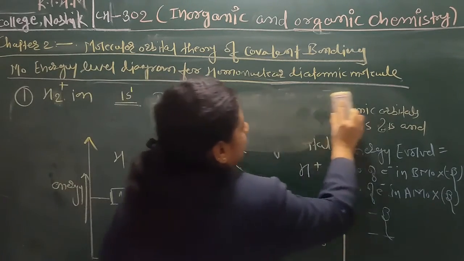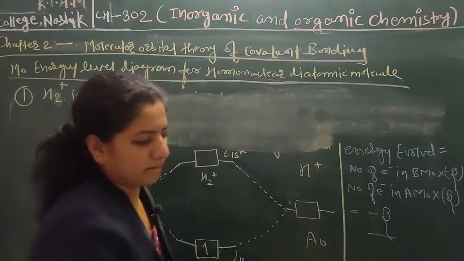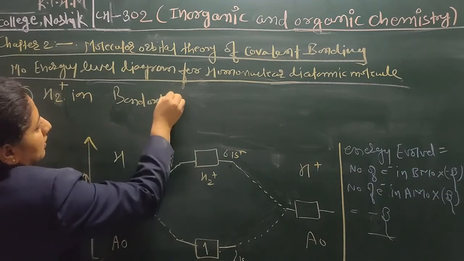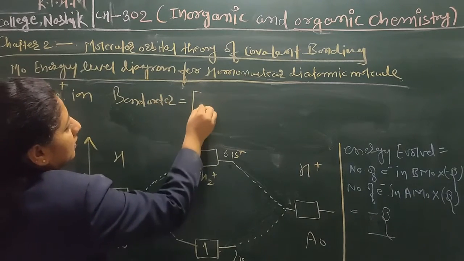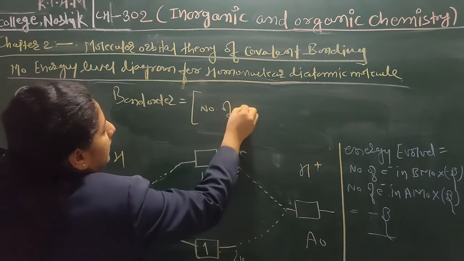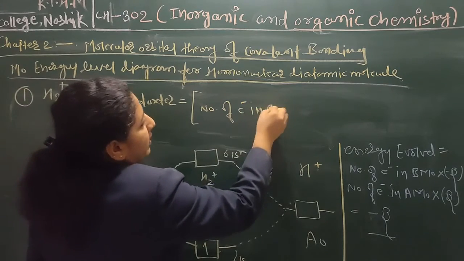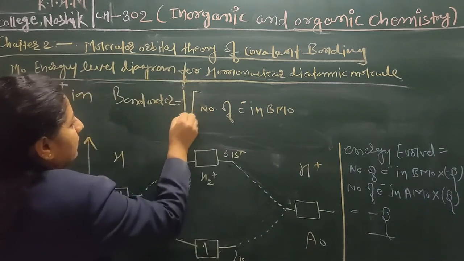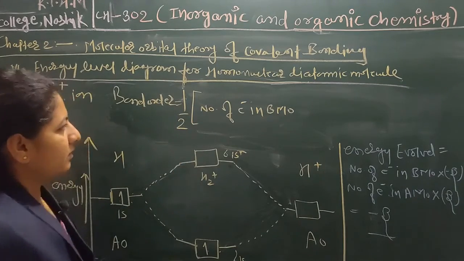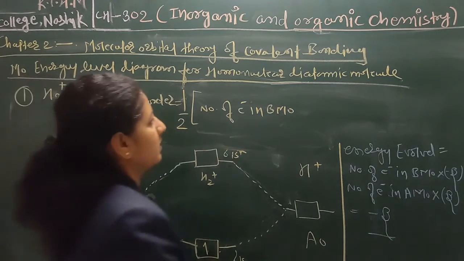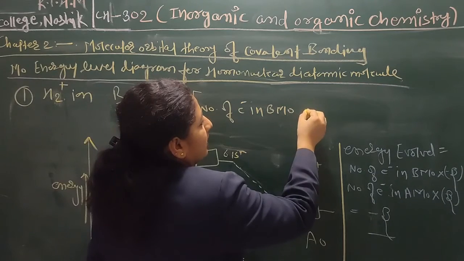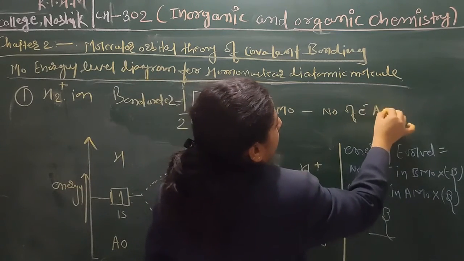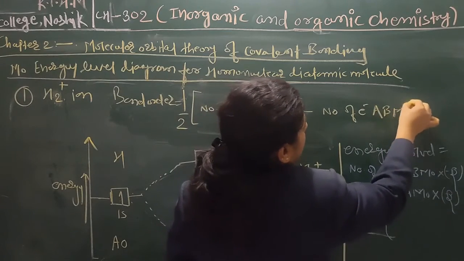Bond order is equal to half of the number of electrons in bonding molecular orbital minus the number of electrons in anti-bonding molecular orbital.